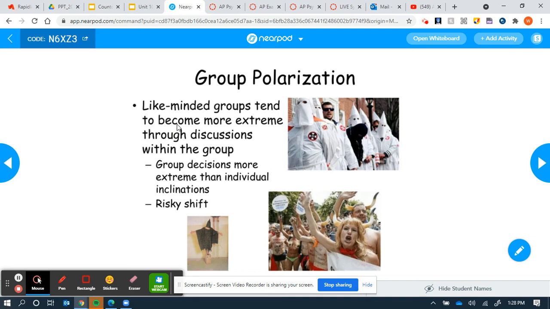QAnon started off as this little thing, and think about it: the people who believed in QAnon stormed the Capitol of the United States to try to overthrow the U.S. government. Three years ago, they were posting little racist memes with a frog, and now they're trying to overthrow the U.S. government. That is group polarization.